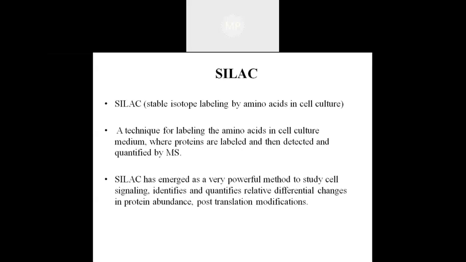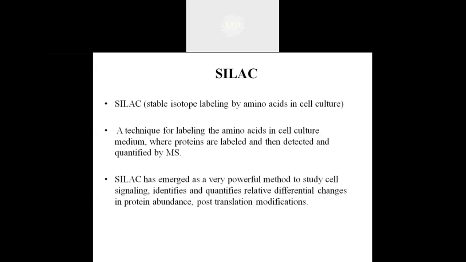Now the next technique is SILAC, which means stable isotope labeling by amino acids in cell culture. It is a technique for labeling amino acids in cell culture medium where proteins are labeled and then detected and quantified by mass spectrometry.